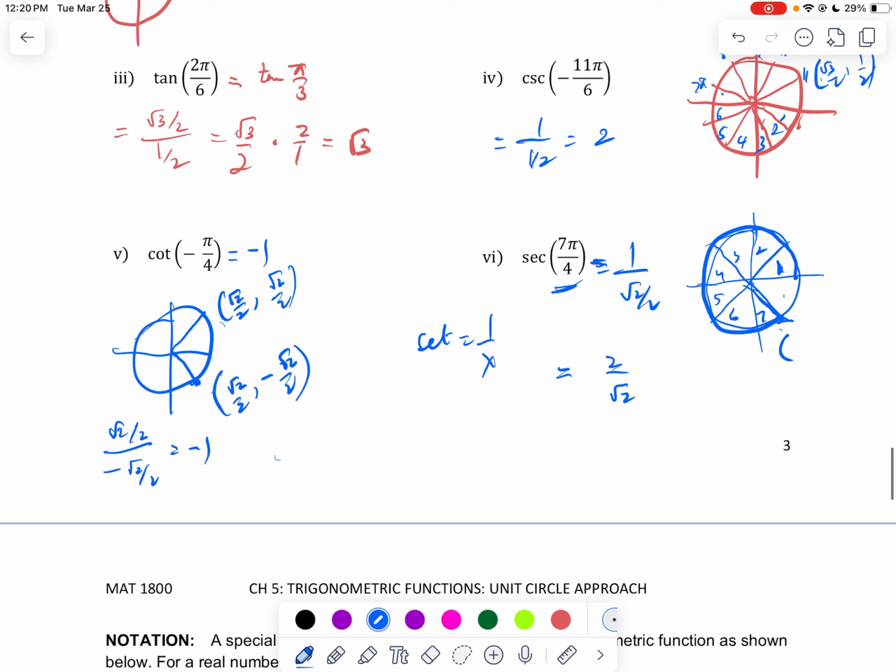So let's rationalize. I multiply top and bottom by square root of 2, so now I get 2 times square root of 2 over square root of 2 times square root of 2, which is 2. Now 2 and 2 can get cancelled and we are left with square root of 2. So this is how you can evaluate the function for the given t.